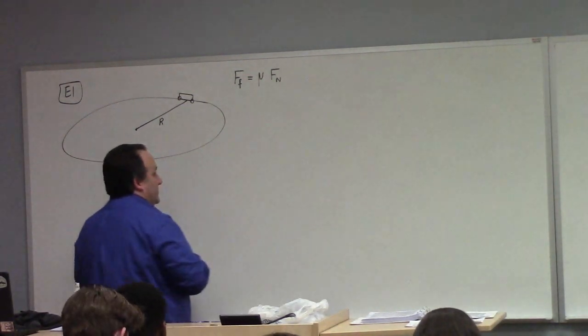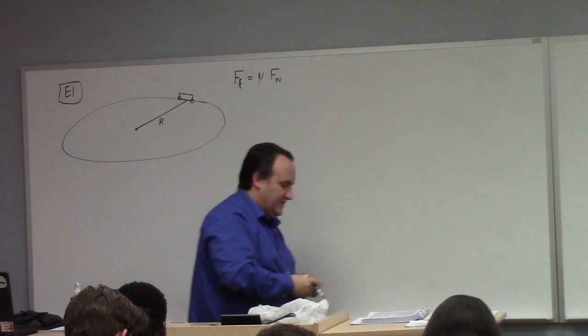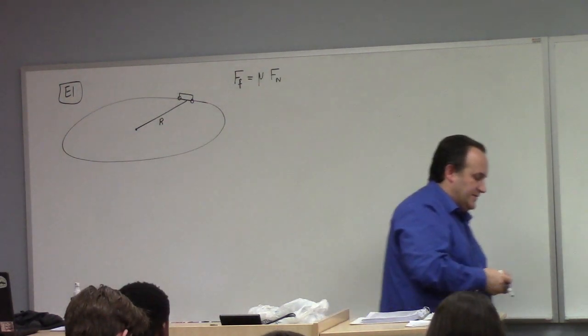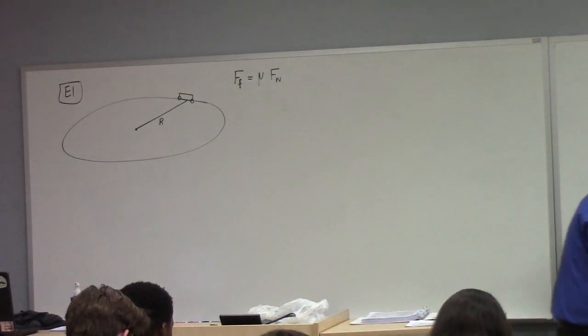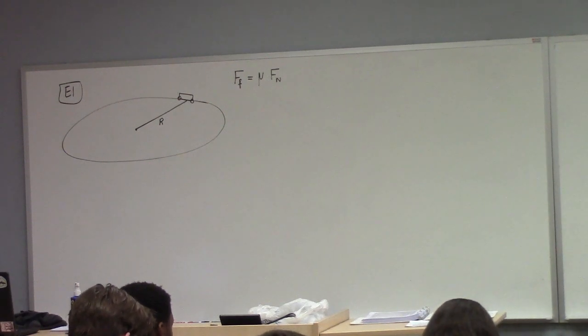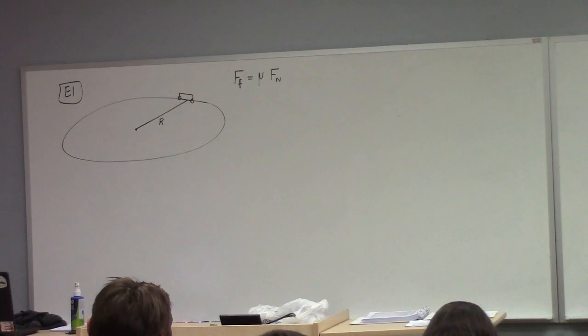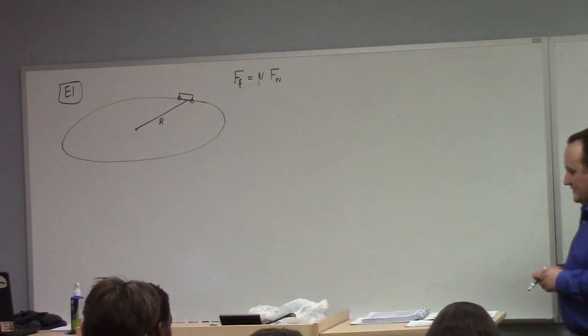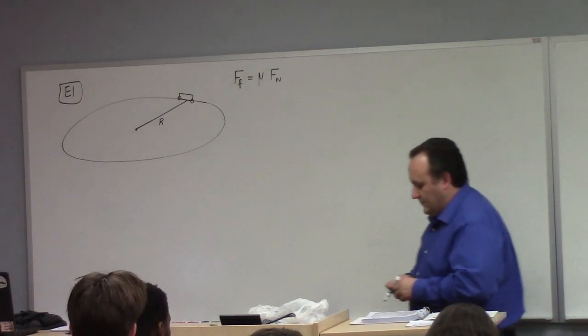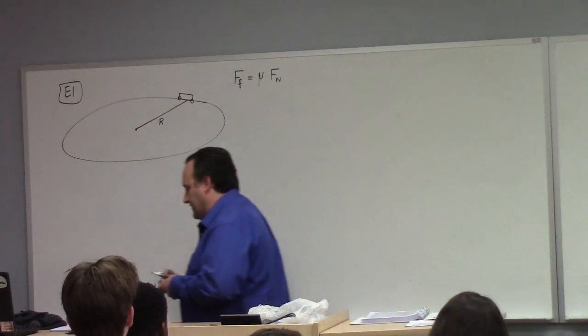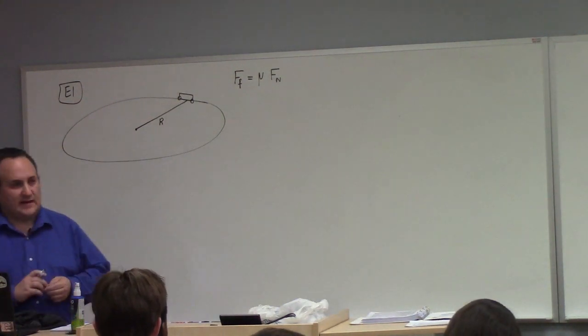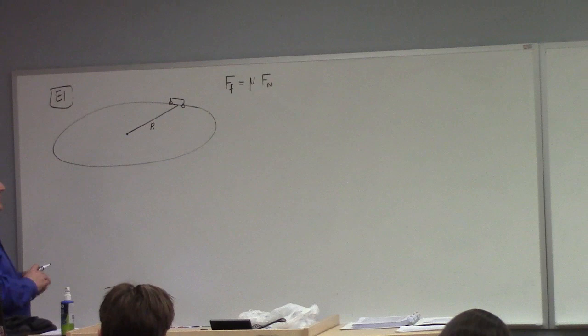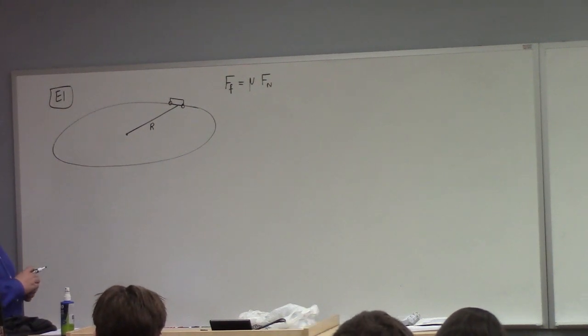To be totally honest, rolling friction is a more complicated thing that I'm not going to completely describe in here. You can read your book for more on that. But if the wheels are actually not spinning, then technically it's like a static friction, because the wheel is just rolling without slipping. So it's not actually the kinetic friction case. But anyway, the force of friction is mu times Fn.